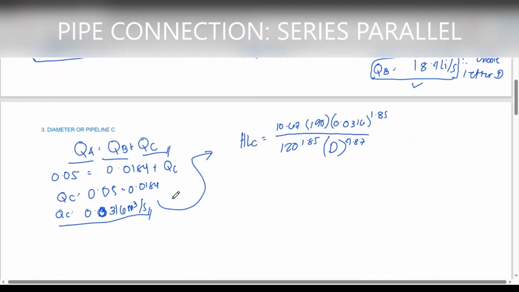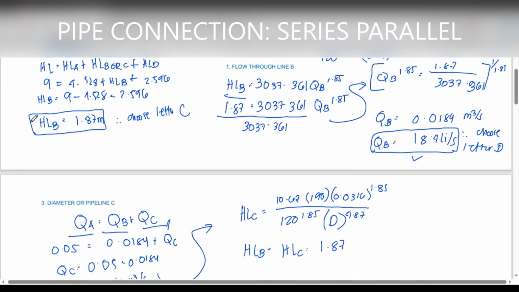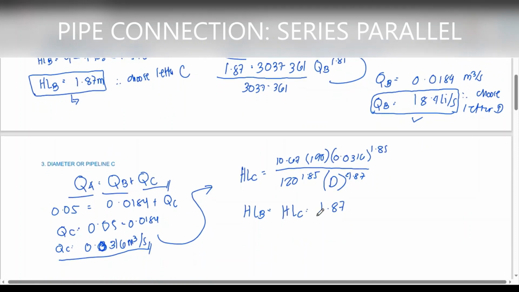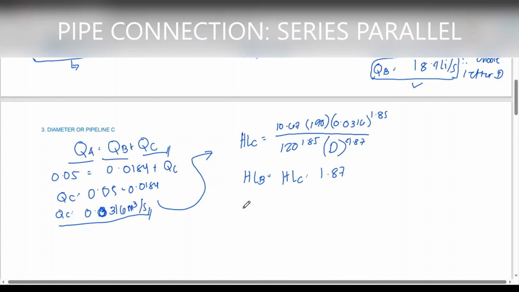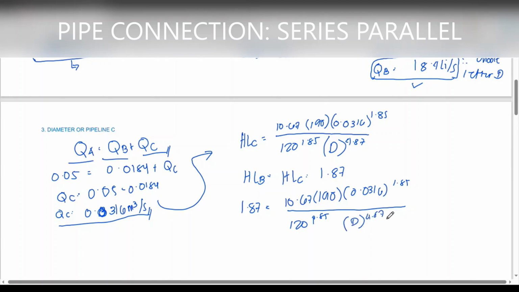Now, since from our drawing pipelines B and C are connected in parallel with each other, we can say that head loss at B is equal to head loss at C, which is equal to 1.87 from the head loss that we solved before. So 1.87 is equal to 10.67, 190, 0.0316 raised to 1.85 all over 120 raised to 1.85 times d raised to 4.87.